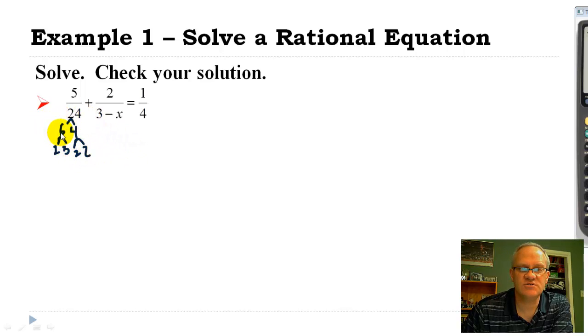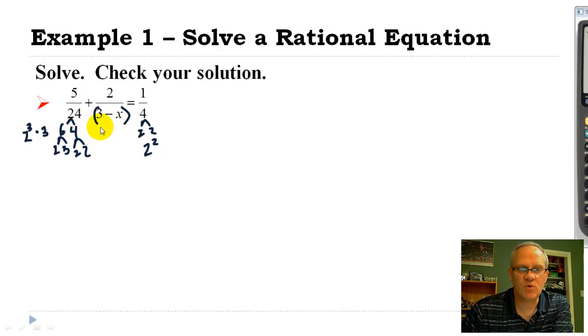So for 24, we've got 2 to the third power and 3. And with 4, we've got 2 times 2, which is just 2 squared. And then, of course, for the 3 minus x, that's the only factor we've got. We think of that as being in parentheses.